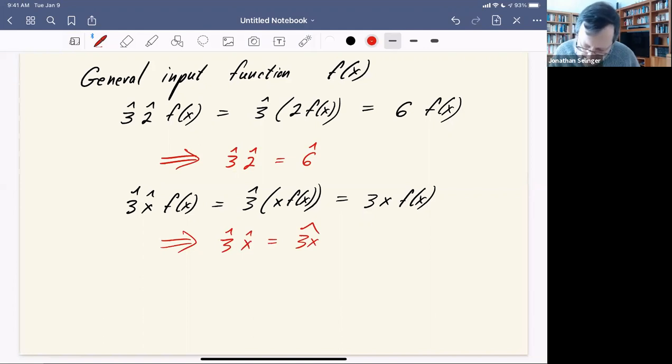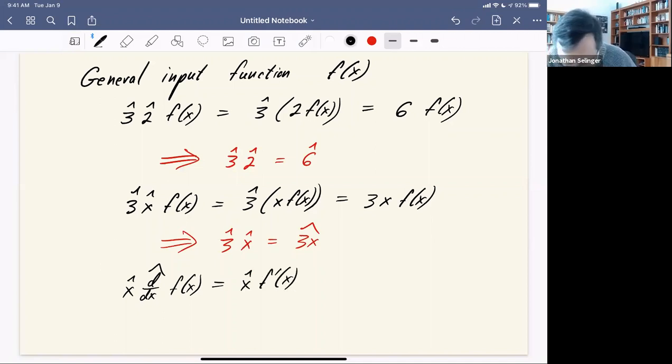Okay, and likewise with the derivative example, right? That x hat d by dx hat acting on f of x, okay? So this is x hat acting on f prime of x, right?